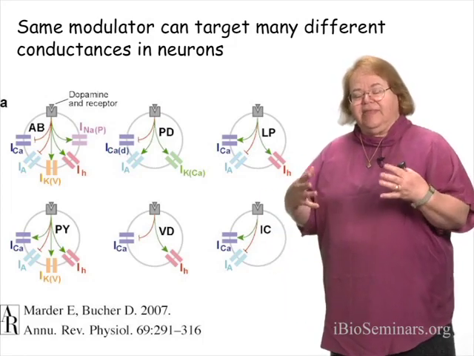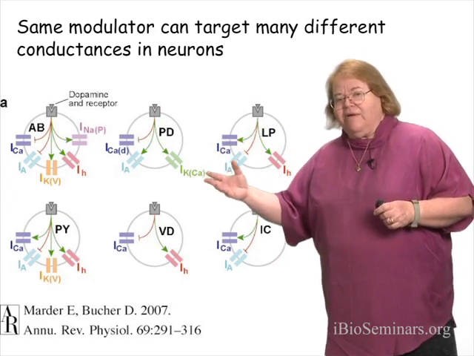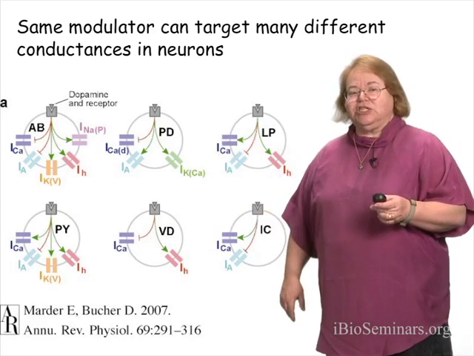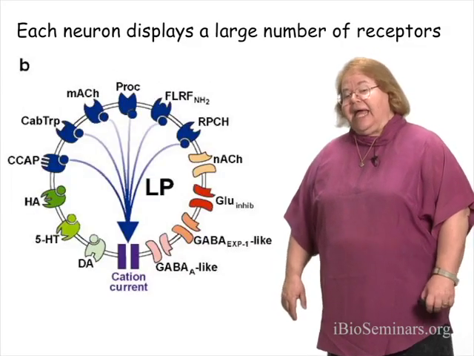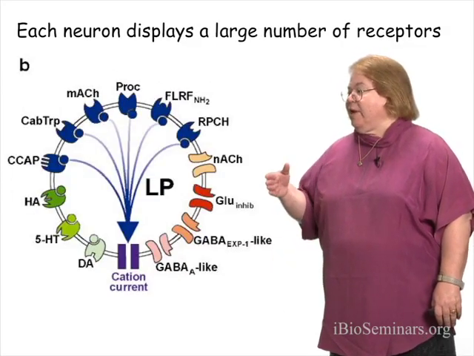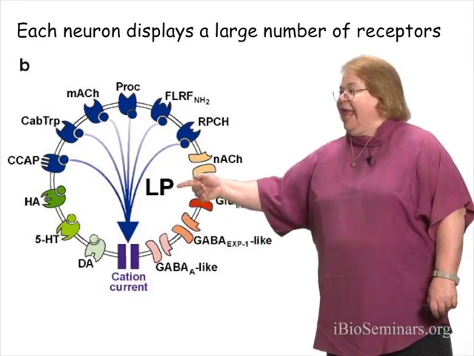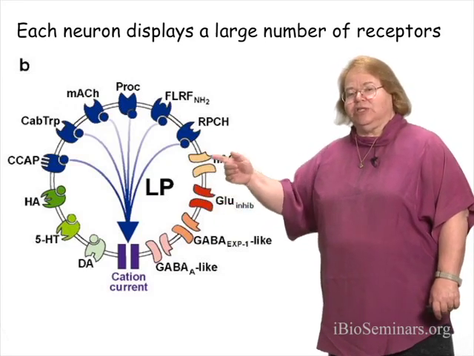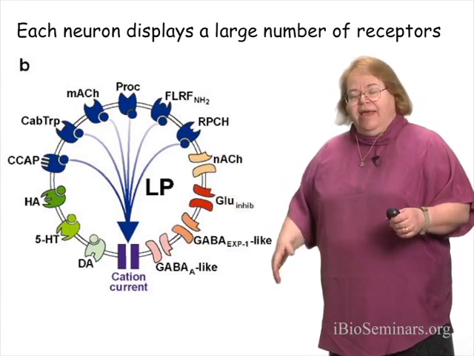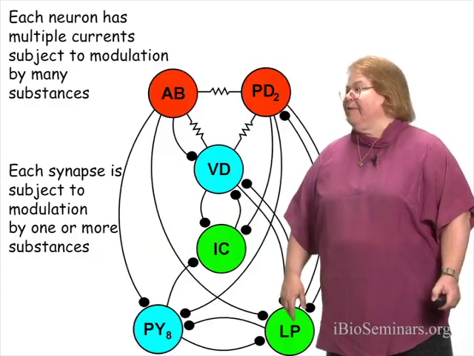So you can see this is a very complex set of membrane targets for the actions of a single modulator. And this slide shows, from work mostly in our lab, that a single neuron, here the LP neuron, has receptors for a very large number of different modulators. That tells you how pleiotropic these effects can be.